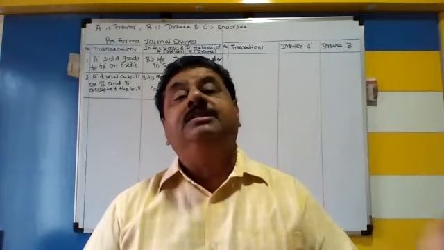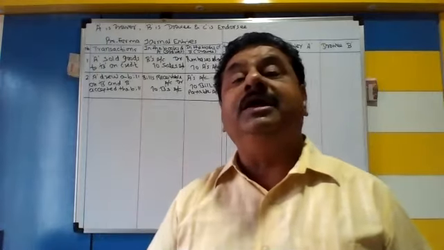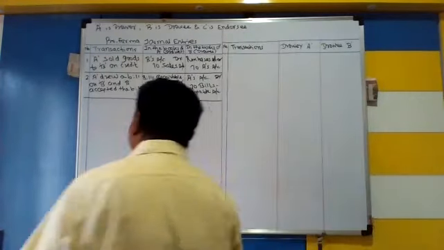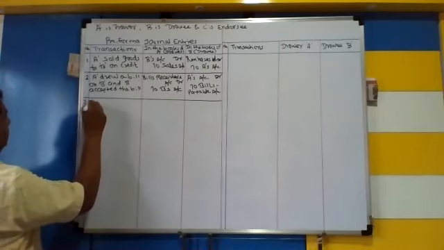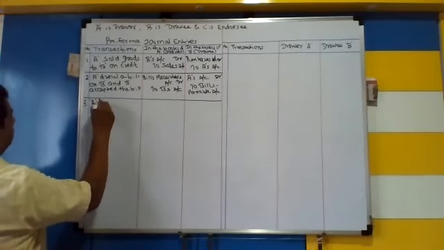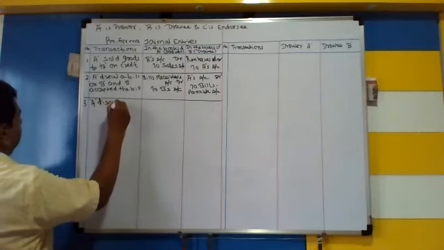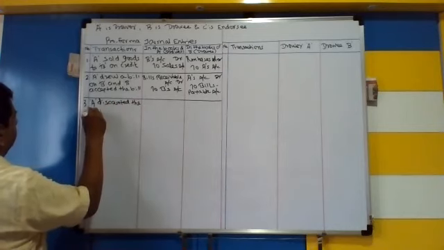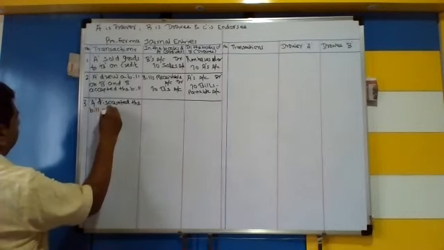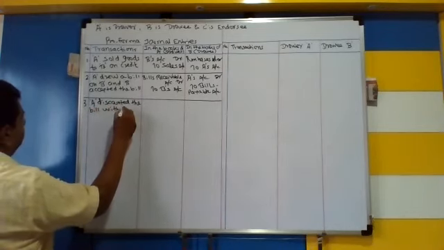Okay. Thereafter, what A can do, A can discount the bill with the bank. A discounted the bill with bank.